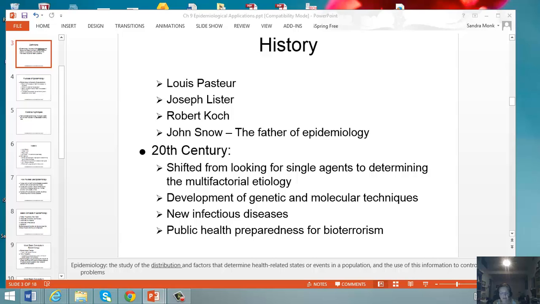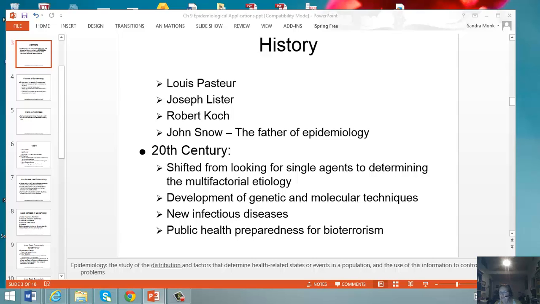Joseph Lister discovered and developed antiseptic surgery. Think about Listerine. Robert Koch developed pure cultures and identified organisms that cause TB, anthrax, and cholera. And John Snow is known as the father of epidemiology. He found that a single water pump in a village was contributing to a cholera outbreak, and developed an outbreak map to demonstrate his findings.